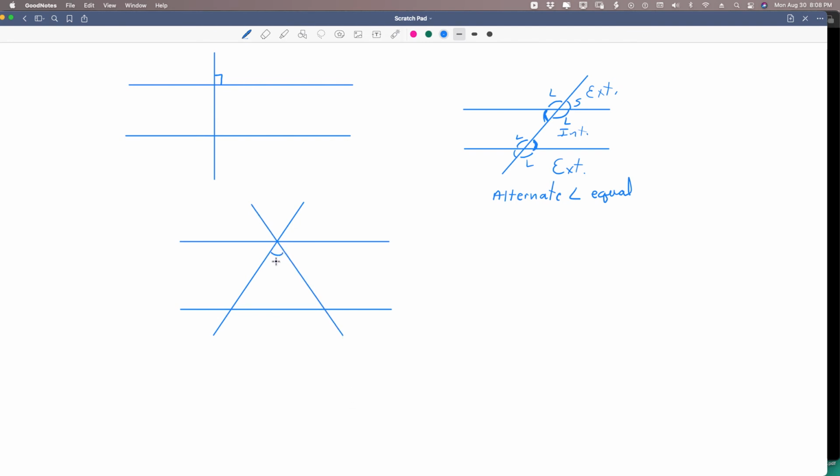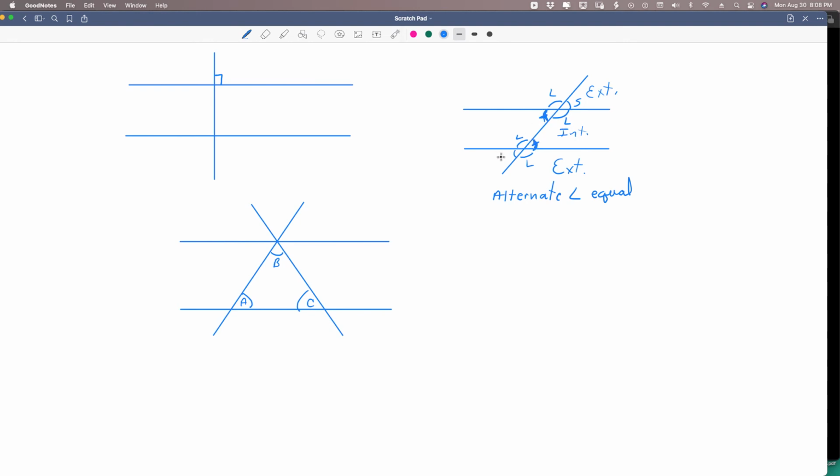This is going to be B. This is going to be A. And this is going to be C. Now, because of what we learned about transversals and alternate interior angles, we know that this angle is going to be congruent to this angle right here.